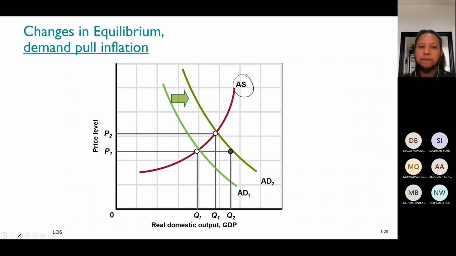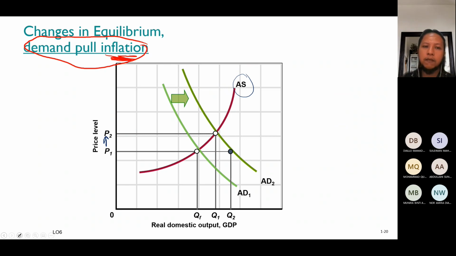Okay, and when this happens, basically the price level will increase. When aggregate demand shifts, the price level will increase, and this is called demand pull inflation. So when there is a general increase in the price level, inflation will happen.